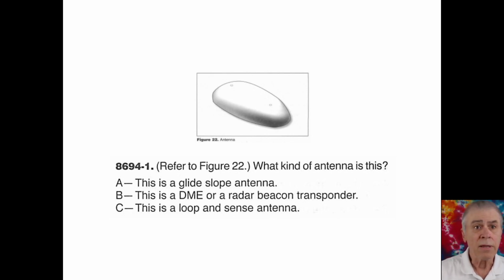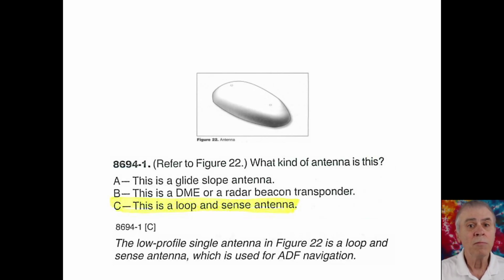They might have me jump on the DME, but they had this radar beacon transponder again, so I'm going to go with loop and sense. Figure 22 is a loop and sense. It's a low-profile single antenna, and it is used for ADF, not DME.